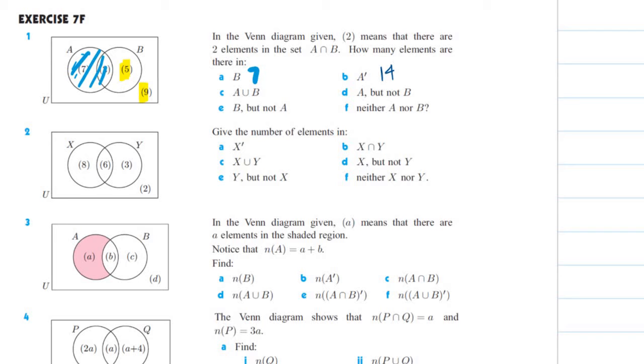All right, part C. In C, they ask for A union B. Recall that A union B means all of the elements in both of those places. So that's going to be everything in the circles. So in that case, we would have 7 plus 2 plus 5, which is going to be 14.